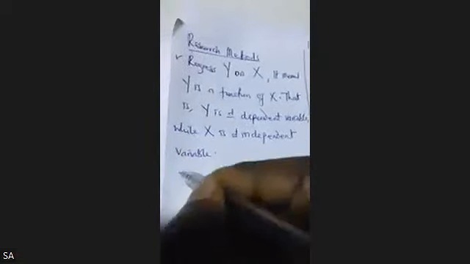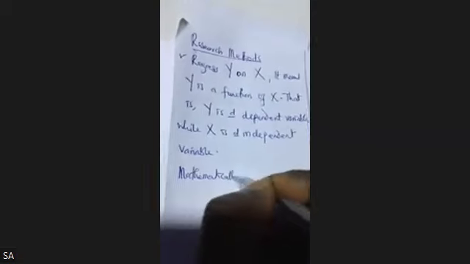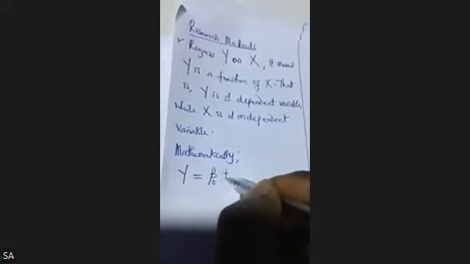Mathematically, it means y is equal to, let's say, beta naught plus beta 1 x.